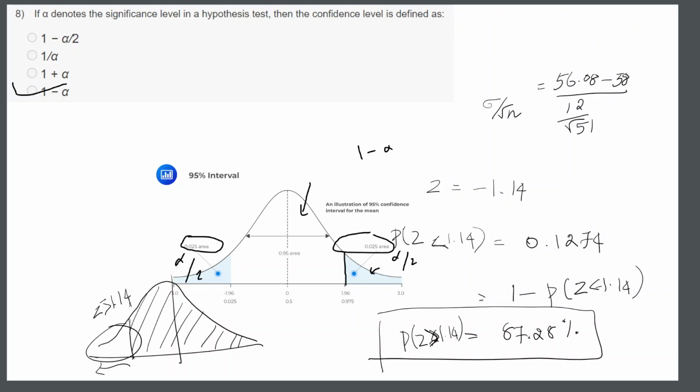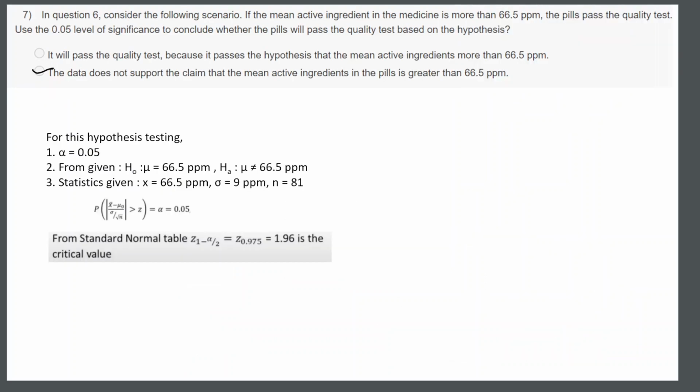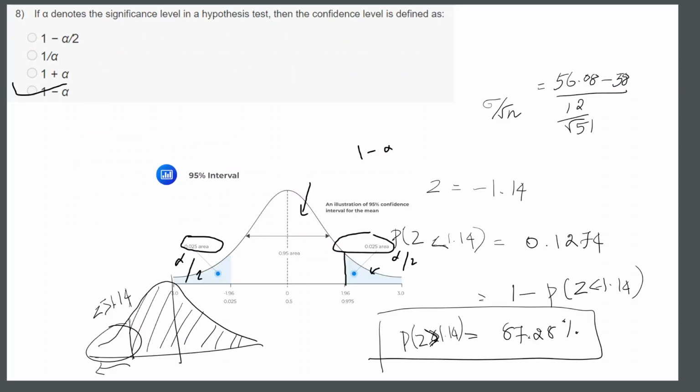I hope the previous one is clear: since the mean of the population which the hypothesis is taking and the mean of the sample you have calculated are both the same, if we calculate the statistic, it will become zero. Which means the claim of greater than 66.5 will not be true. The data won't support it.